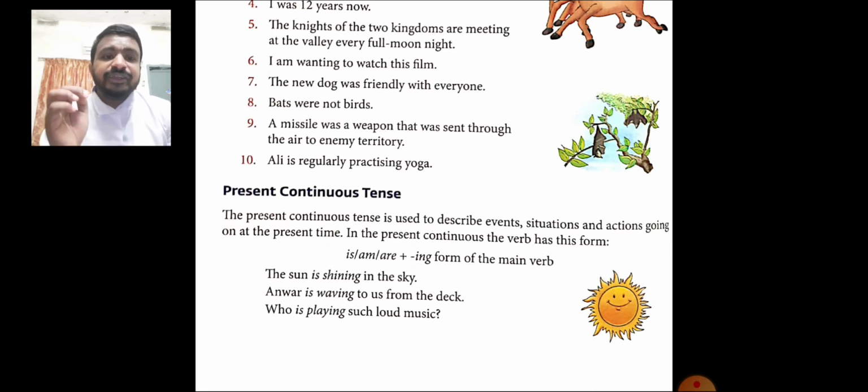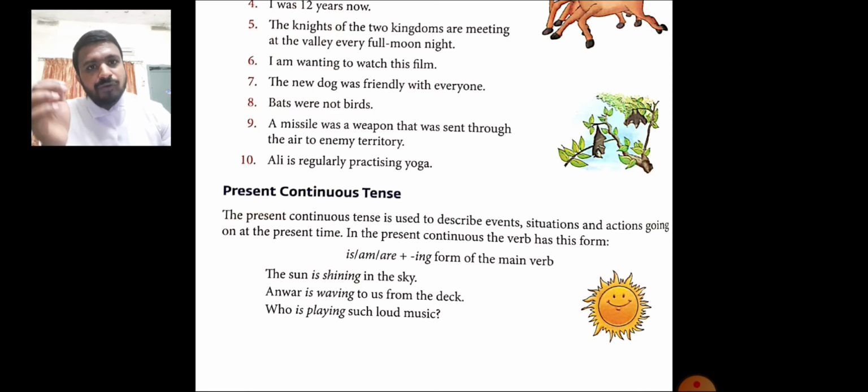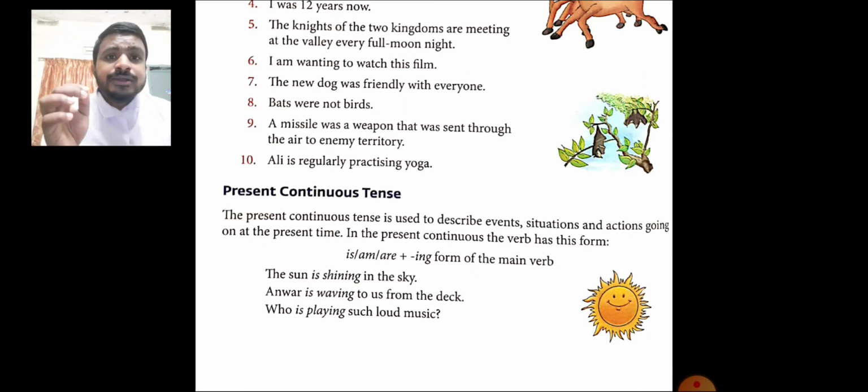Anwar is waving to us from the deck. Who is playing such a loud music? Now, for you, you are listening to the classes. So, listening to the classes is an action that is happening during the present time. So, we use the present continuous there.